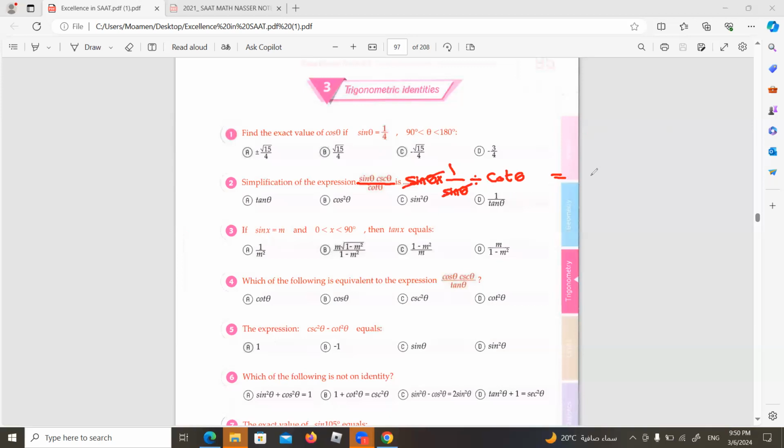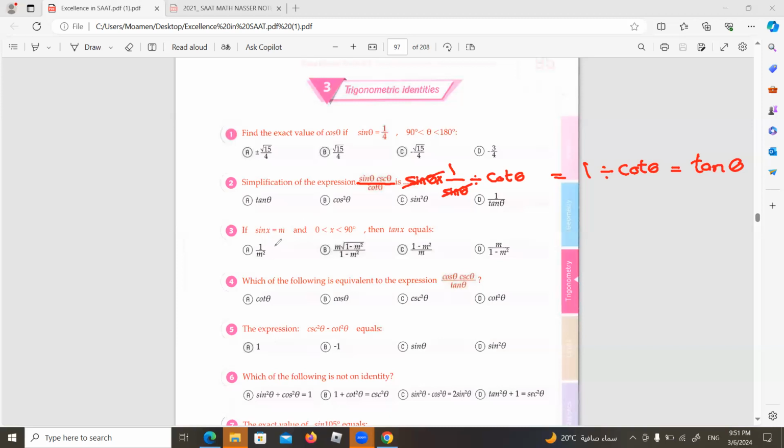So it's 1 divided by cotan theta, which is 1 over cotan. 1 over cotan is tan theta. So it's very easy by using the rule: changing any trig function to sine or cosine only.